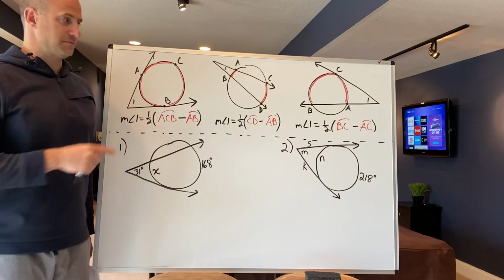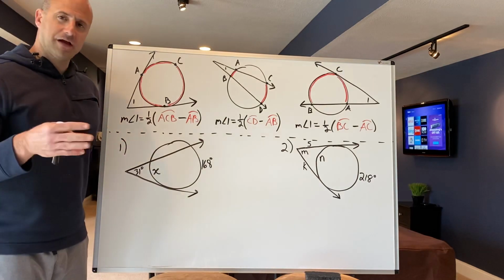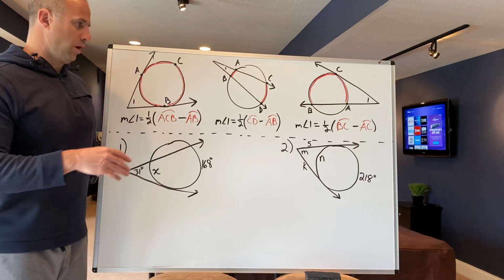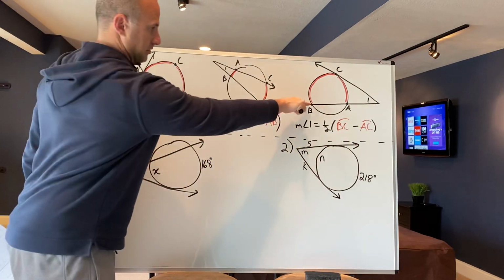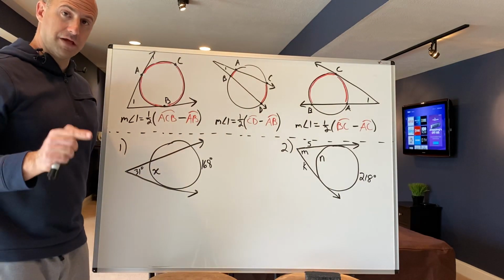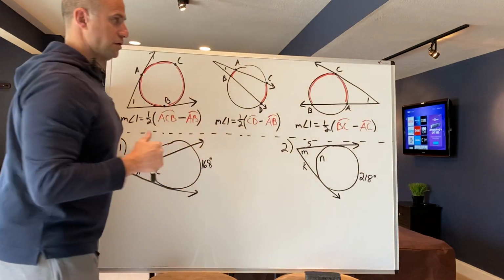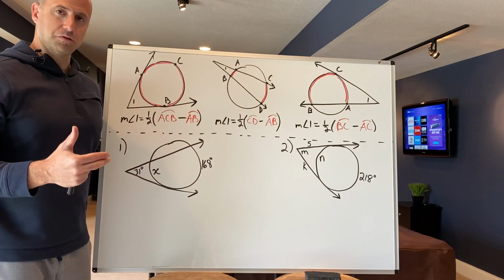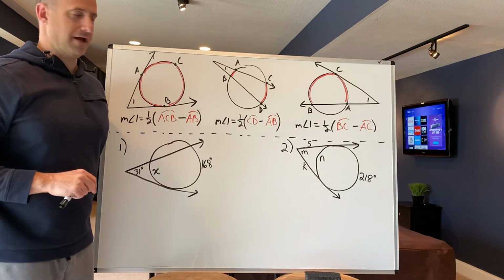One more example up top, and then I'll do some real examples. What if you have a combo of the two? What if you have one that's tangent, but the other one is secant? It's the same thing. If you follow these rays right here, and you find where they cut through the circle, those two arcs are the ones you subtract and then cut in half.